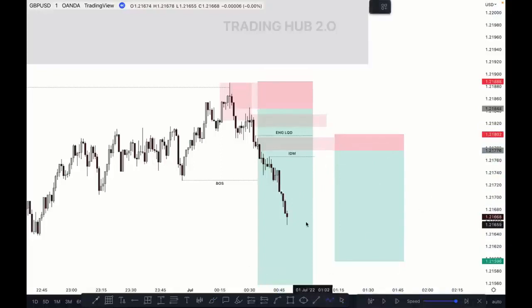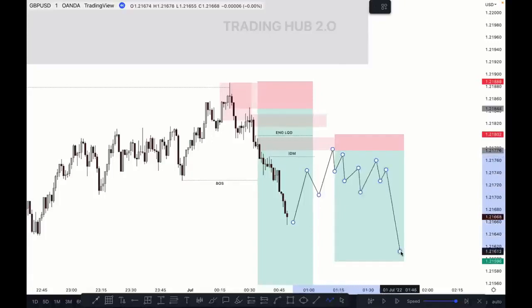You can sell when the market taps here and gives any reaction here. If a market candle sweeps this high, then very good, you can sell immediately here. If not, then you can sell like this.